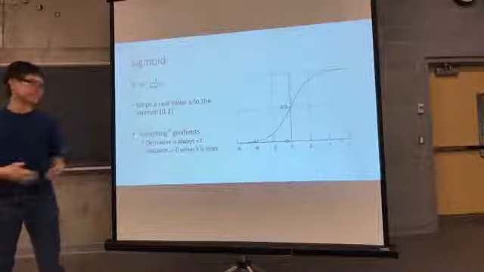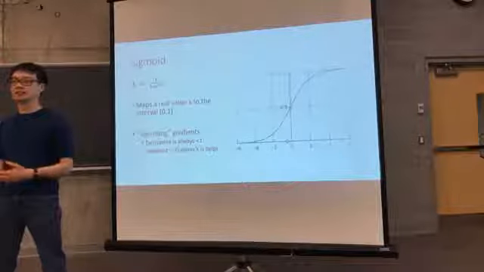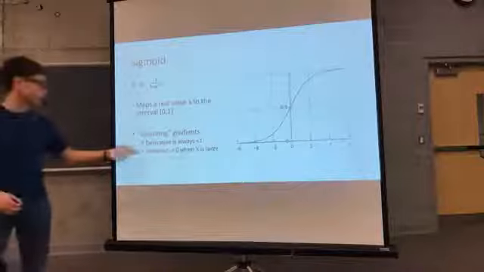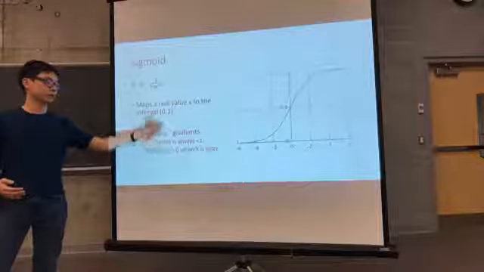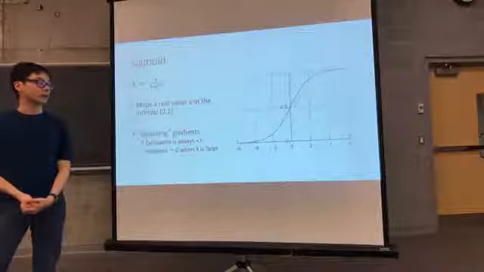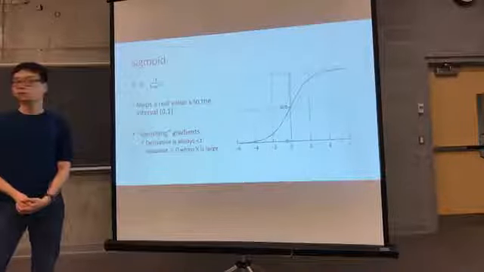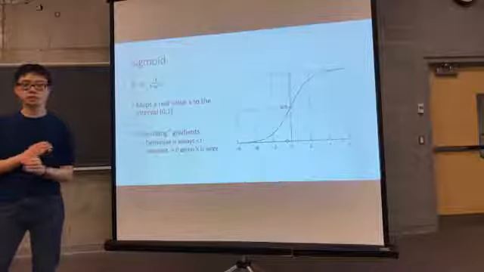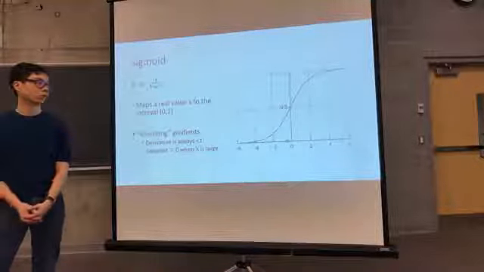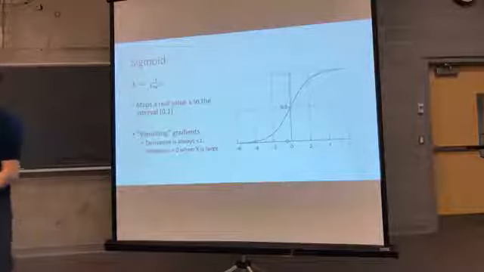So we have a vanishing gradient problem with the sigmoid. The gradient goes to 0 when x is very, very large. If you take a look at the graph over there, if x is very large, negative or positive, then the gradient will be very, very small.